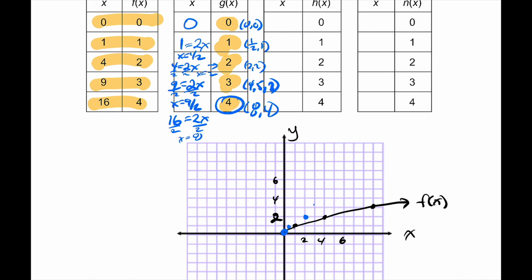So (4.5, 3) would be right there. And then the last point we have here is (8, 4), which would be right here.